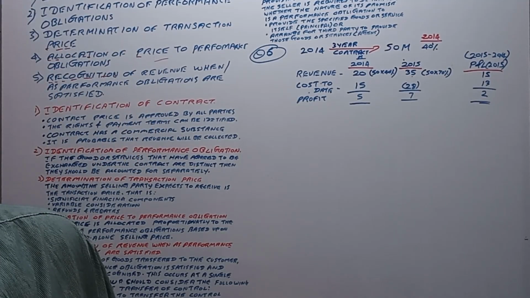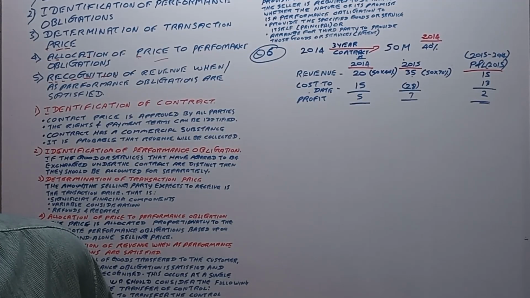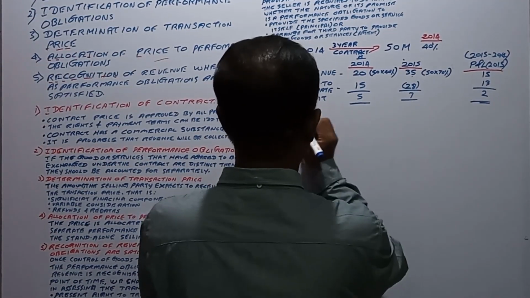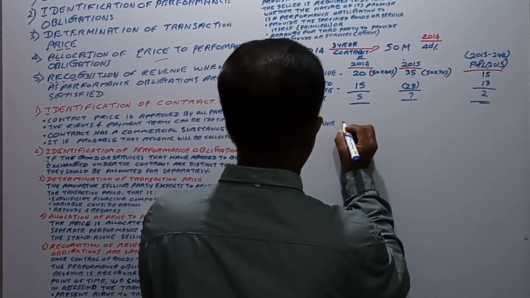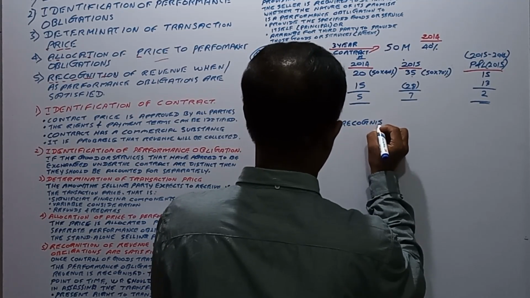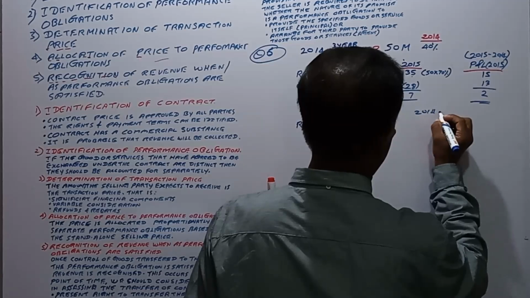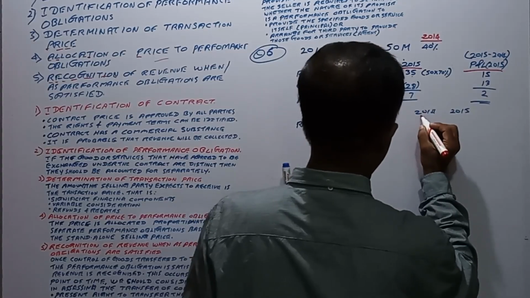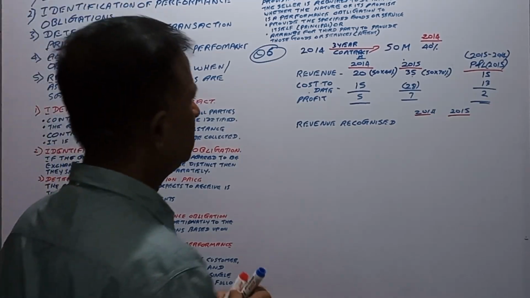So we have to show the revenue recognized for 2014 and 2015. Revenue recognized is 20 and 35.